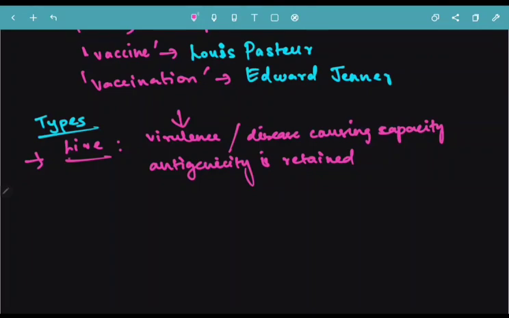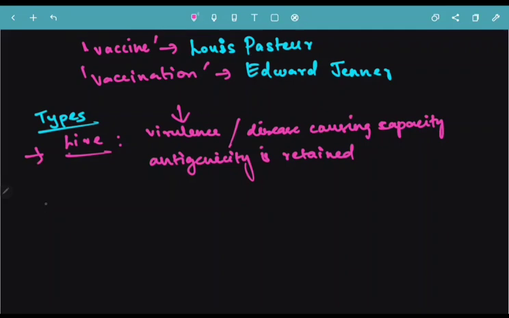Now live vaccines have all major and minor antigenic components, and live vaccines engage certain tissues of the body. Example, the intestinal mucosa by oral polio vaccine.